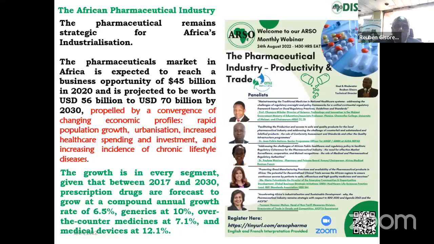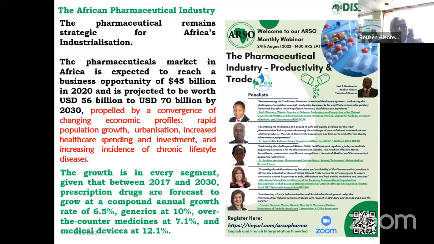When we look at the continent, we realize that it has the highest growth potential, bearing in mind that the population is increasing, but at the same time, we also have urbanization, increased healthcare spending and investment, as well as incidences of chronic lifestyle diseases coming in. When you look at all these factors, you find that the continent needs the growth of the industry to address its healthcare needs.